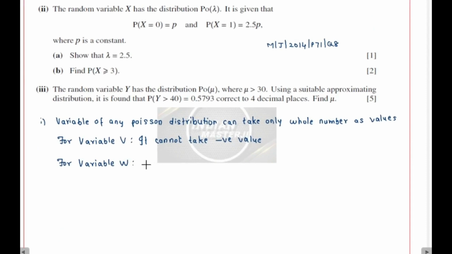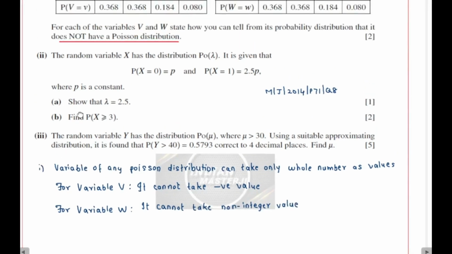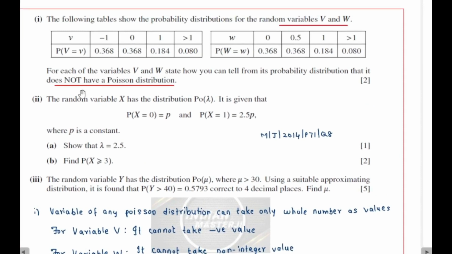That means it cannot take a non-integer value. Correct? So looking at the distribution itself, we can say that both V and W don't follow Poisson distribution. This answers the first part of the question.